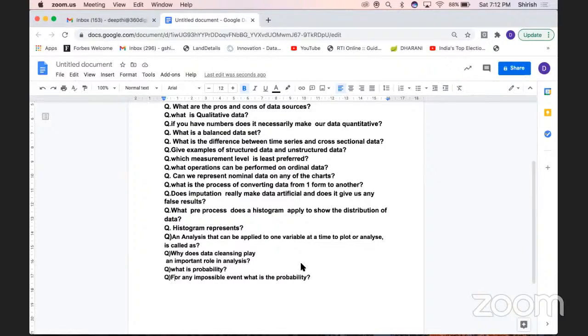Now, why don't we talk about conditional probability? How would you explain it if I ask, what is conditional probability?